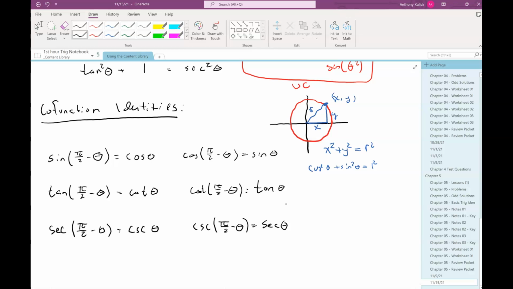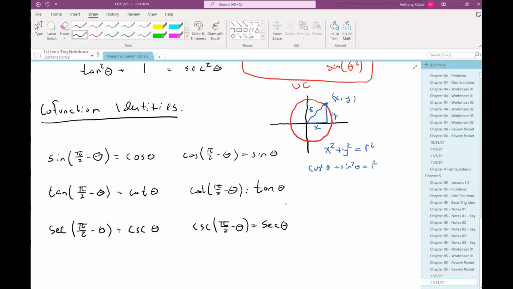So if you notice with all these trig functions we've talked about, sine, cosine, tangent, secant, cosecant, cotangent, a lot of them are just the same name with the prefix co in front of it, like sine and cosine, secant and cosecant, tangent and cotangent. Right? We've noticed that, I hope. The prefix co is short for the word complementary.